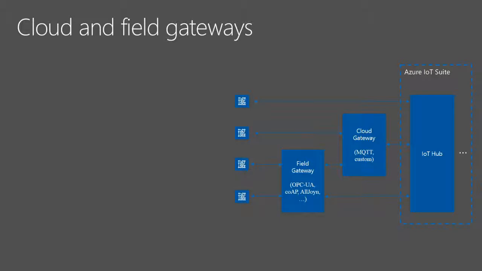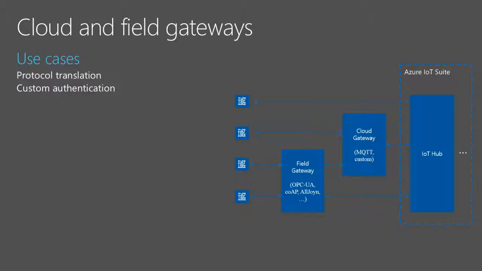We have been talking about direct connections between the simulator and the IoT hub. That is a very simple way to enable scenarios, but many solutions will require intermediate steps.